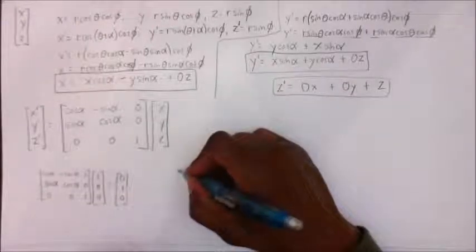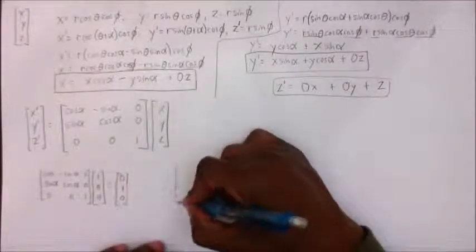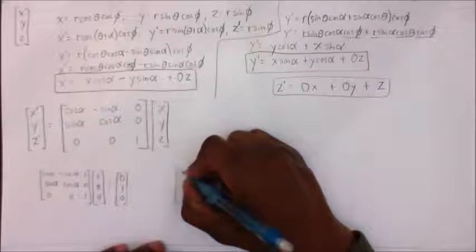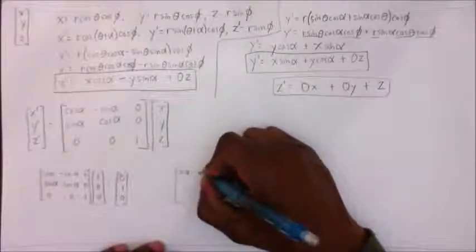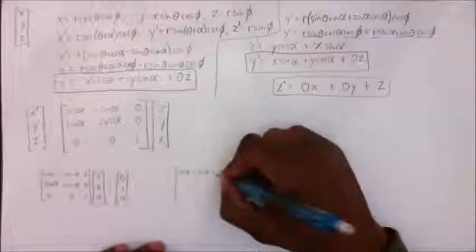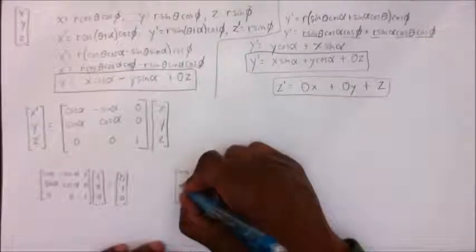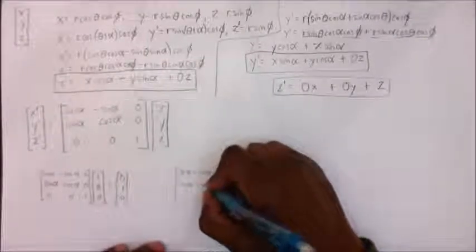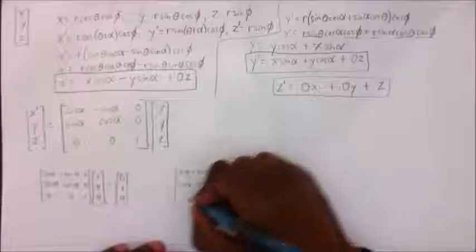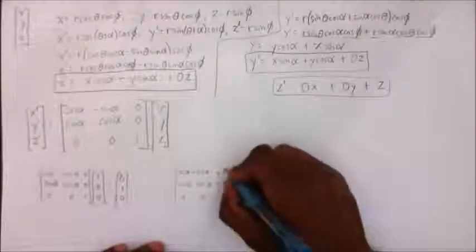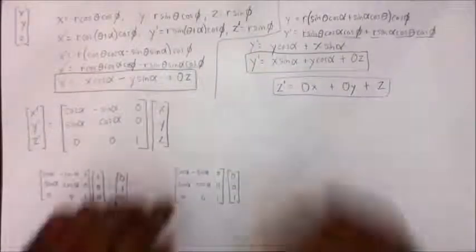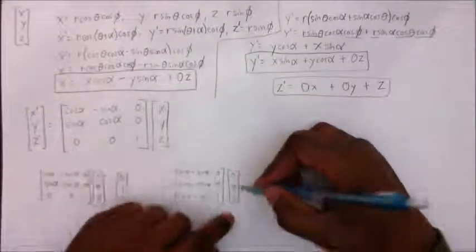Or shall I say, around the vertical axis. So again we have cosine alpha, minus sine alpha, 0, sine alpha, cosine alpha, 0, 0, 0, 1. And again we're going to use the same method to operate on this vector here.